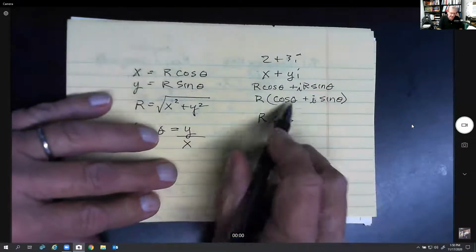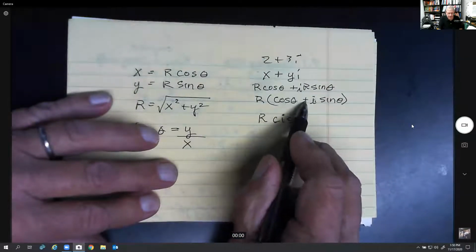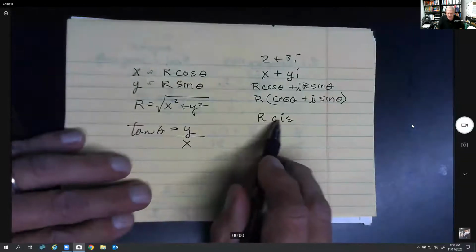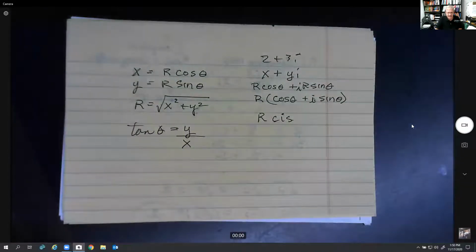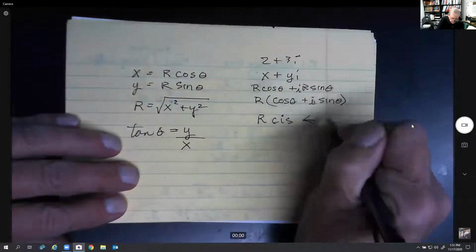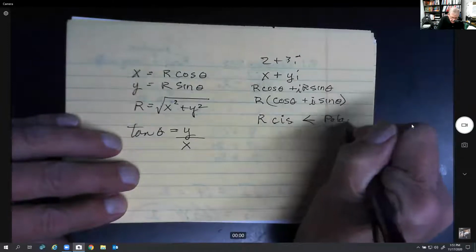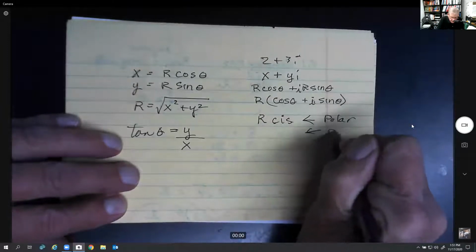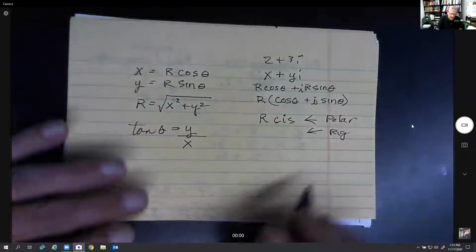So instead of writing cosine theta plus i sine theta, we just write it as cis. And so it'd be r cis. So this is what we call the polar form or the trig form of a complex number.